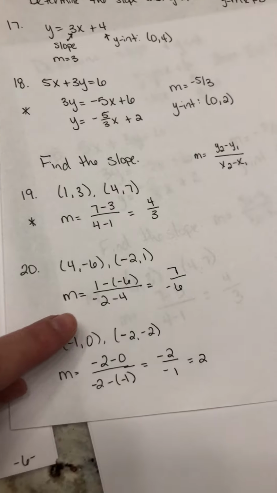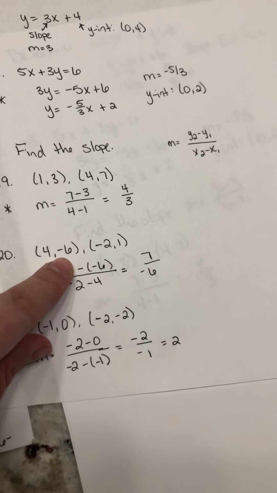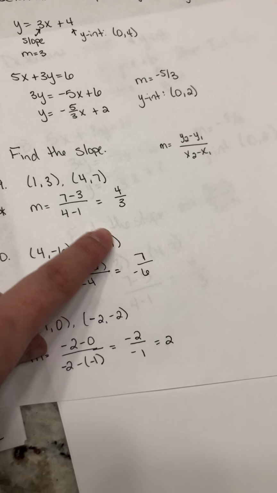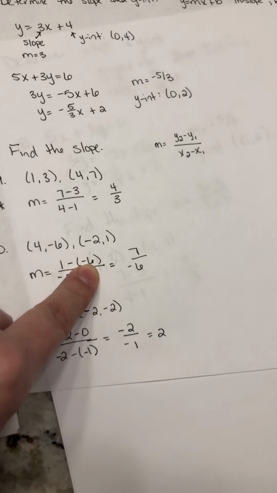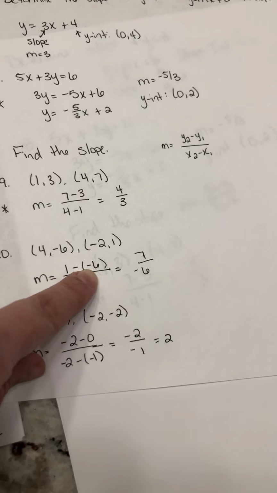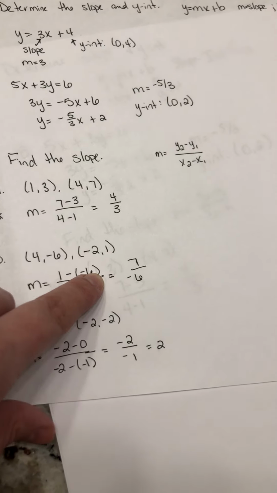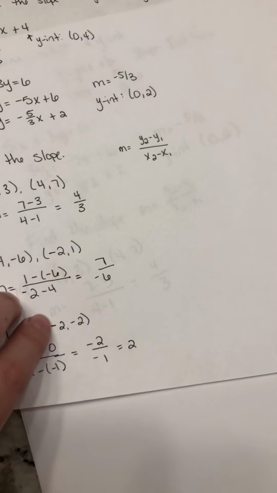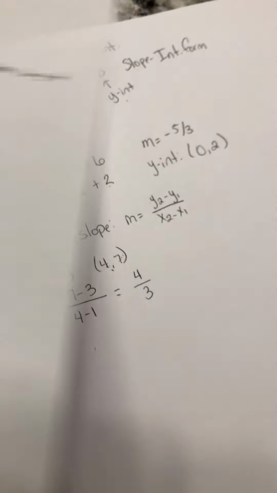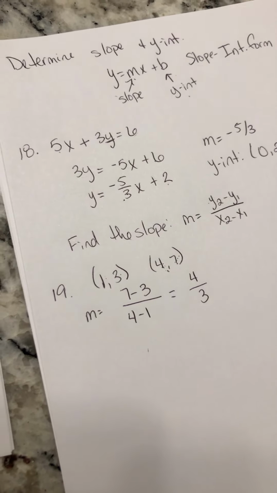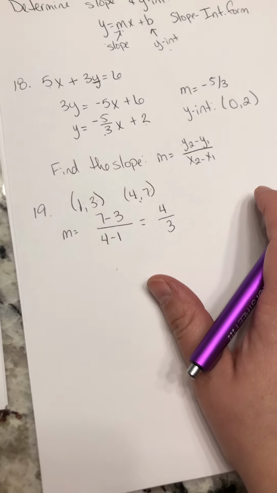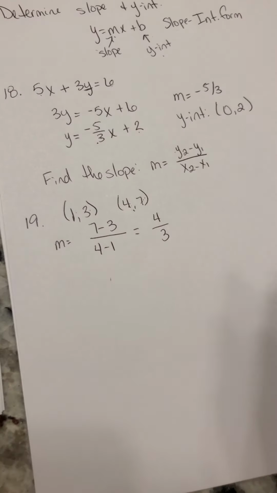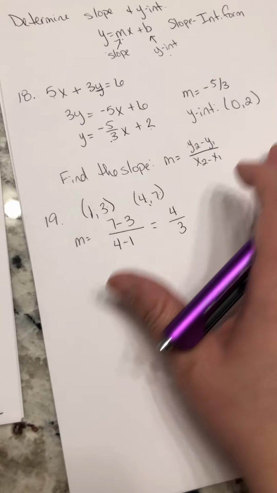The other thing is, your formula has a minus, so when you have negatives, like 1 minus -6, I usually put parentheses just to remind myself it's minus the negative, which becomes positive. People lose that. So if you have a negative point, make sure to put parentheses around it so you remember to switch the sign.